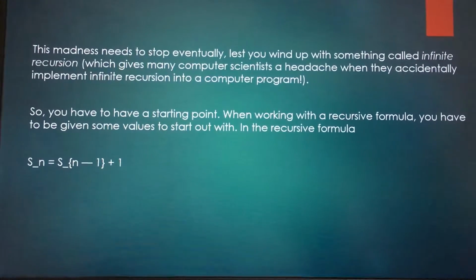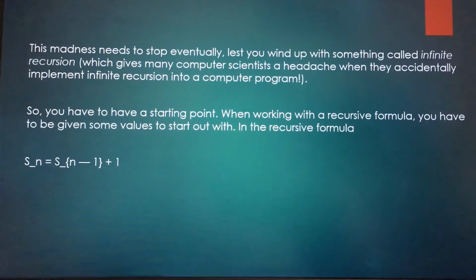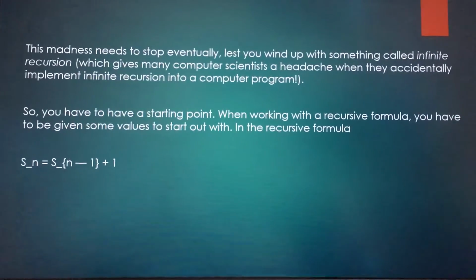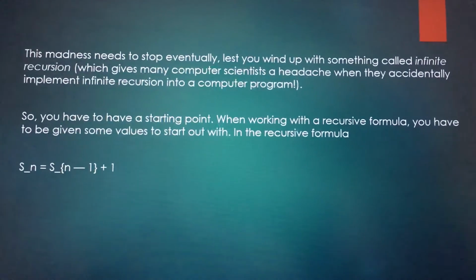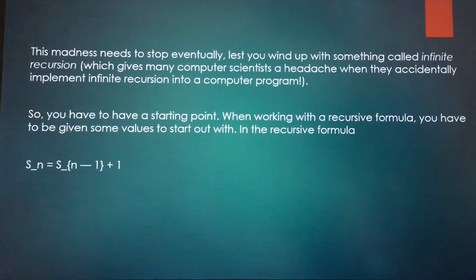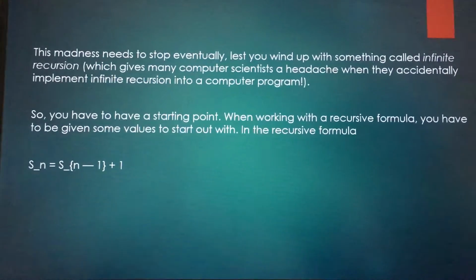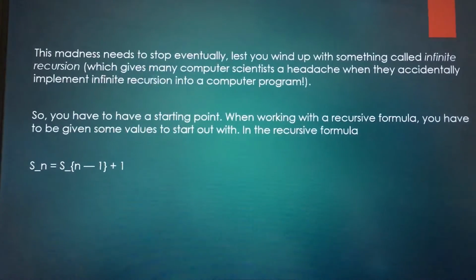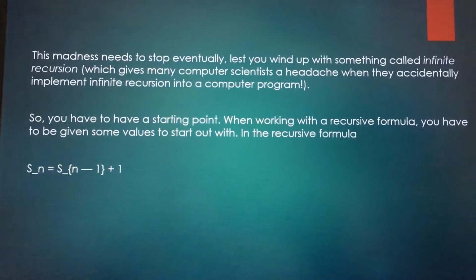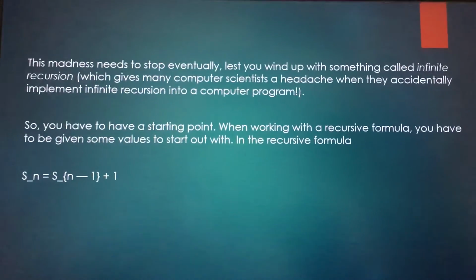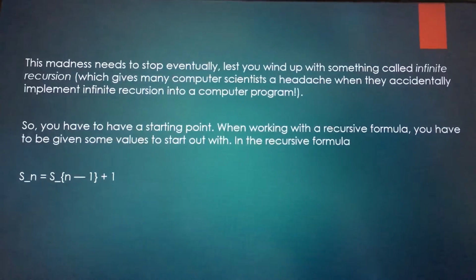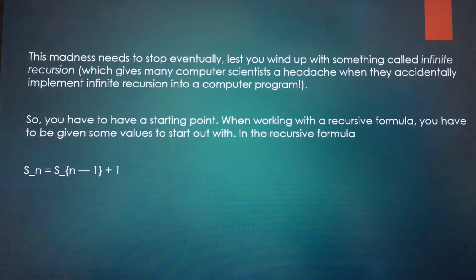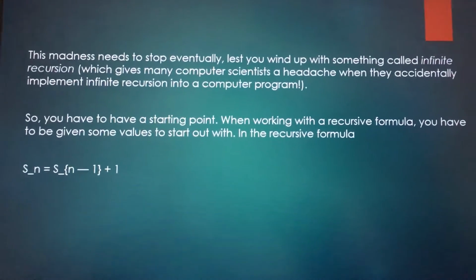This madness needs to stop eventually, lest you wind up with something called infinite recursion, which gives many computer scientists a headache when they accidentally implement infinite recursion into a computer program. So you have to have a starting point. When working with a recursive formula, you have to be given some values to start out with in the recursive formula s_n equals s_(n-1) plus 1.